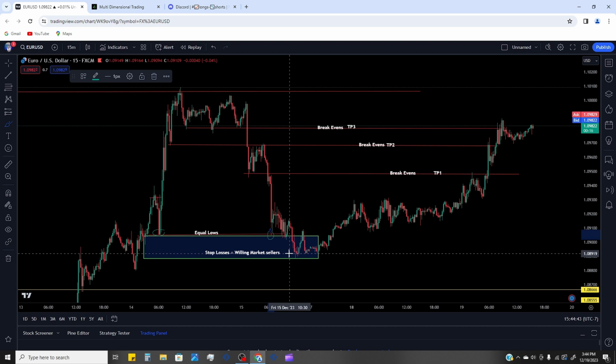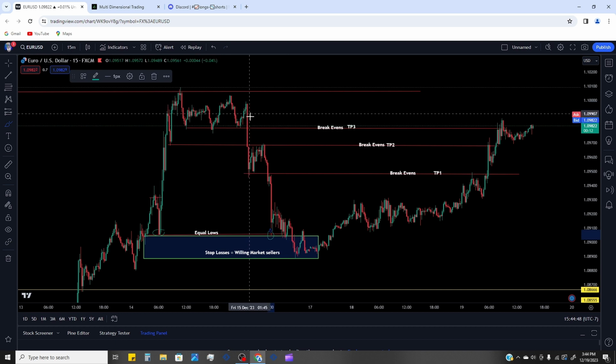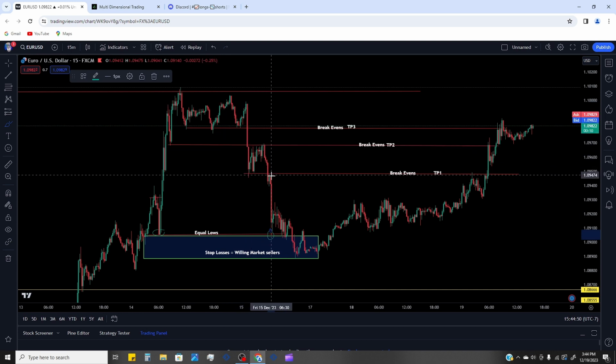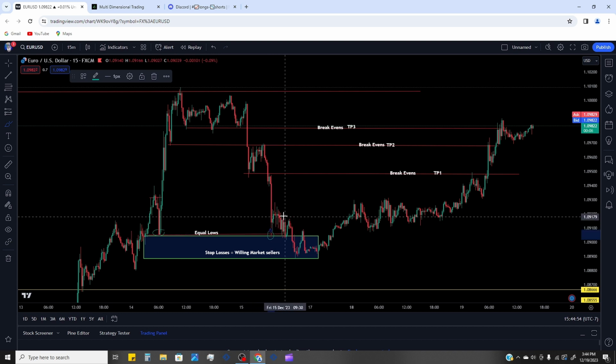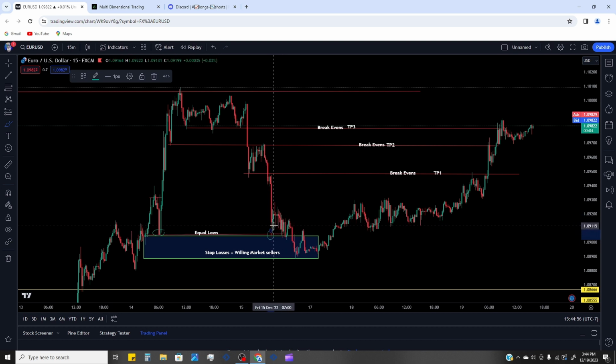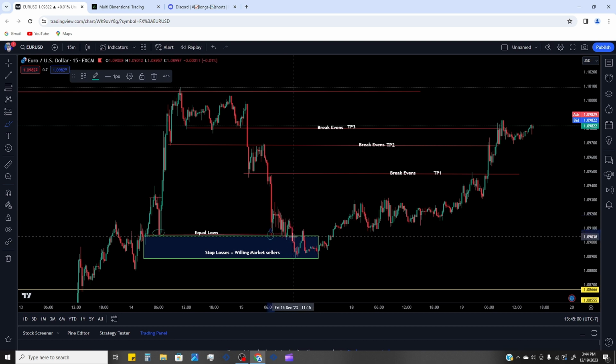However, you're basically a target when it comes to the short sellers, right? Short sellers are running it down. They cover here, people buy here, and then it also runs down into those stops.